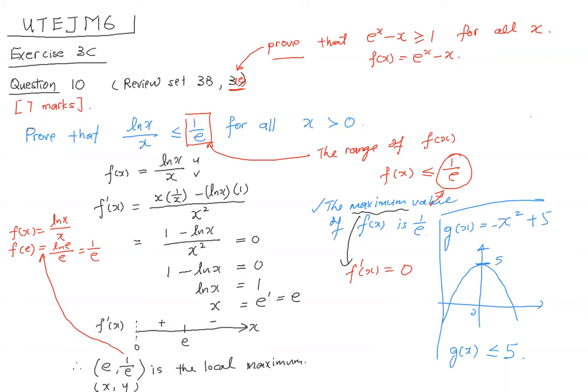Okay, so is this enough? Is this enough for me to prove that that is the situation? Gladys, is that enough? If you look at Review 3B3, question 3, is that enough?